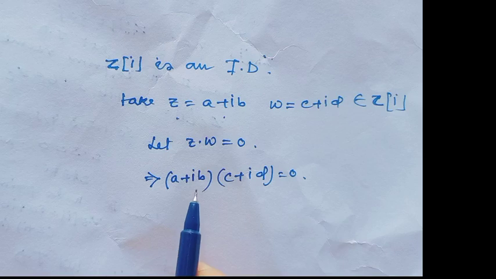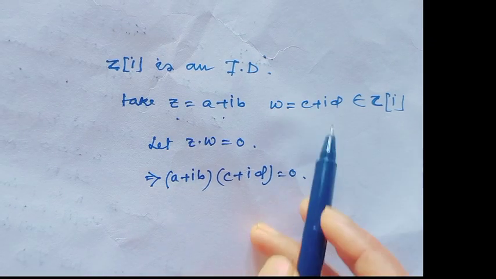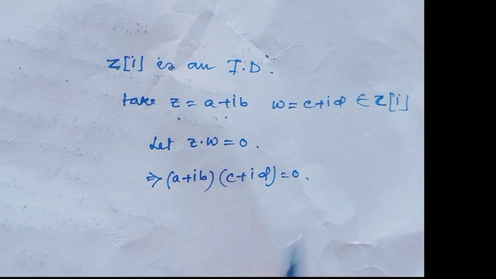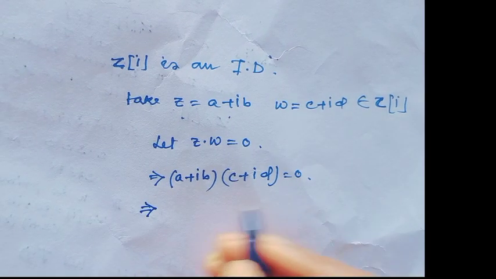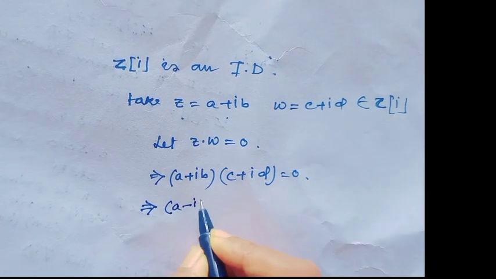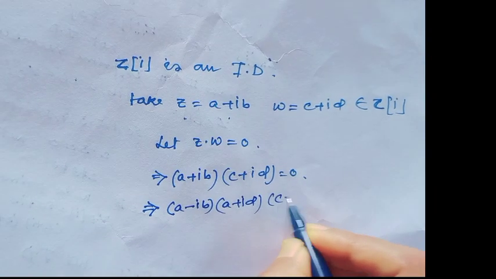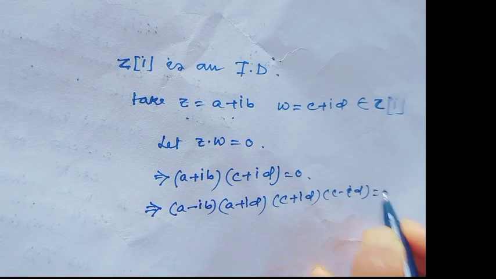That means (a + ib)(c + id) = 0, where z = a + ib and w = c + id. Now multiply this equation on both sides by the conjugates, (a - ib)(a + ib)(c + id)(c - id) = 0.